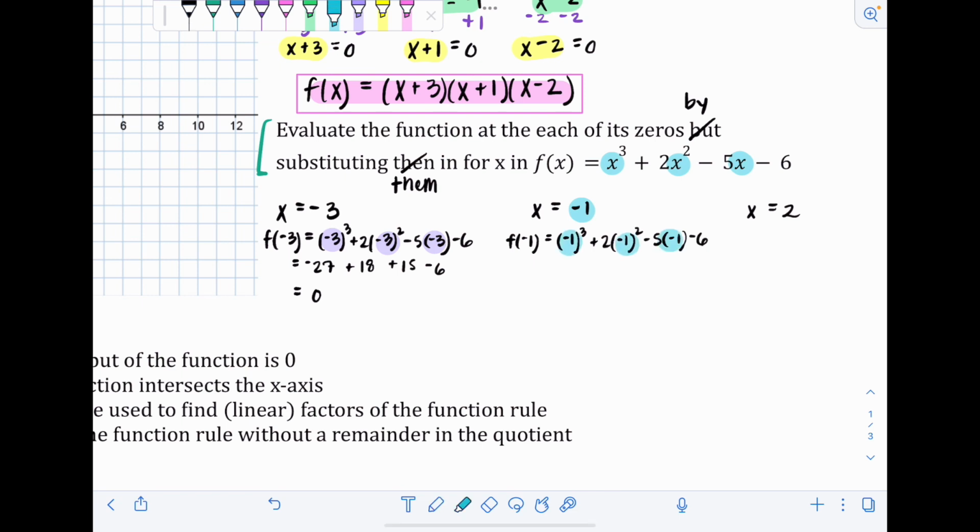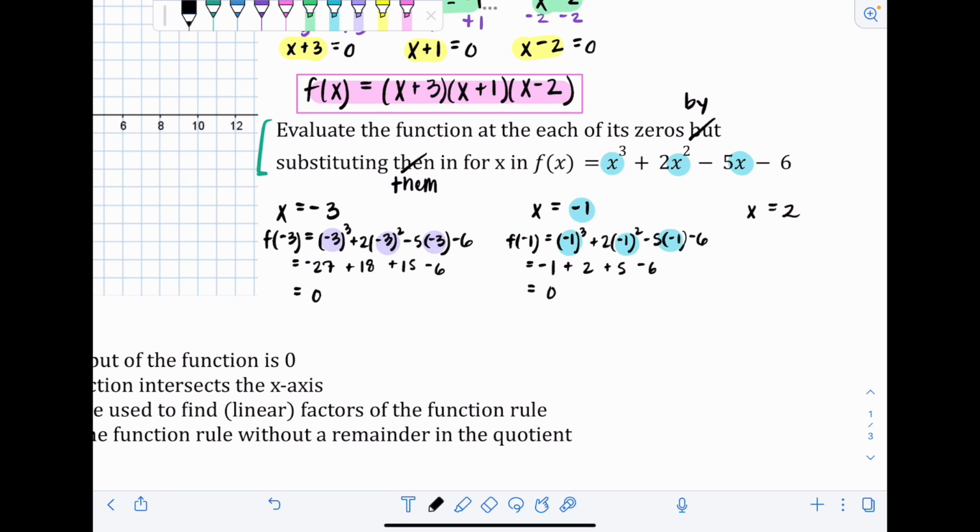So -1 went in for all the x's, and then -1 to the third power is -1. -1 squared is +1 times 2 would be +2, and then -5 times -1 is a +5 minus 6. So -1 plus 2 is 1, plus 5 would be 6, minus 6 would be 0. So we got 0 there as well.